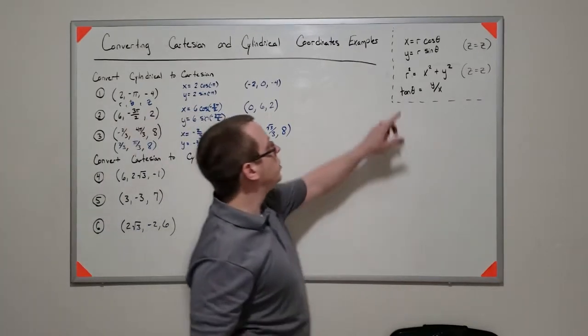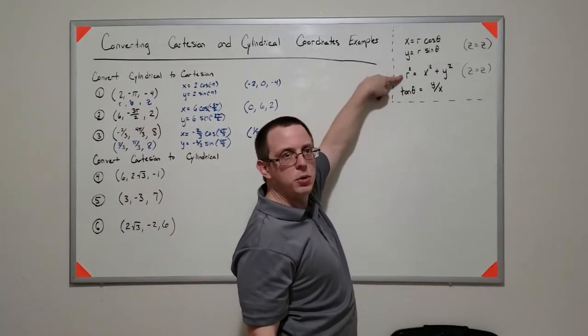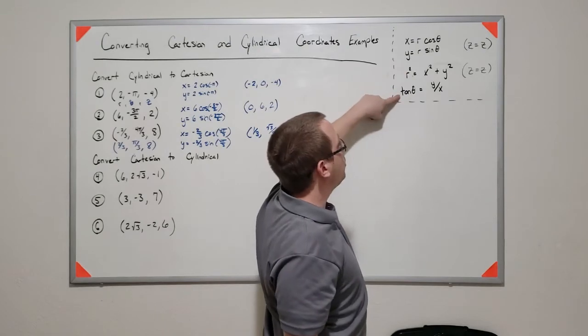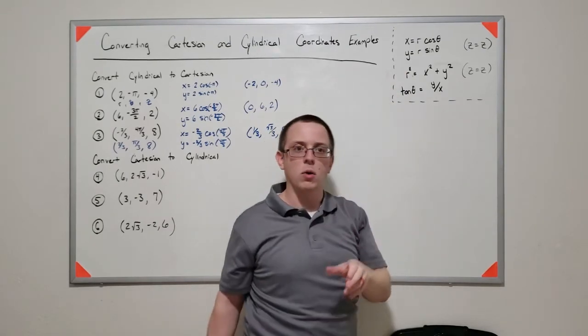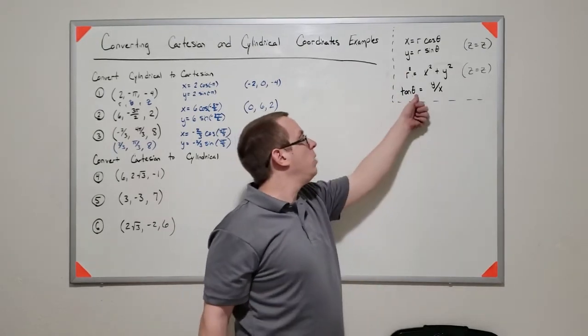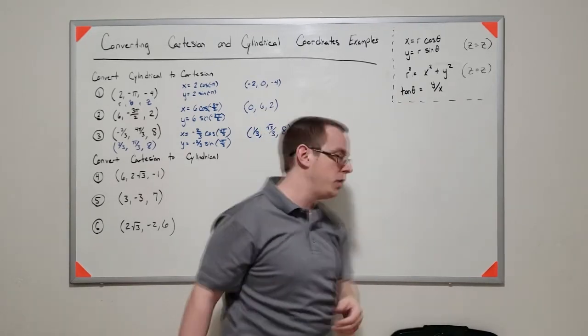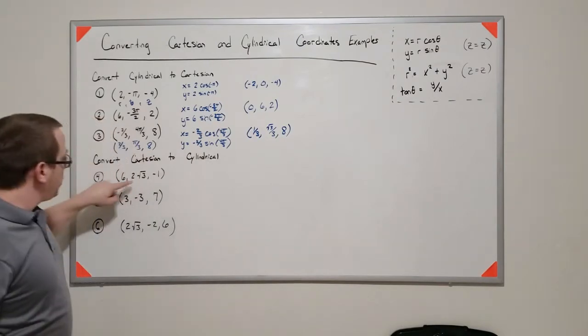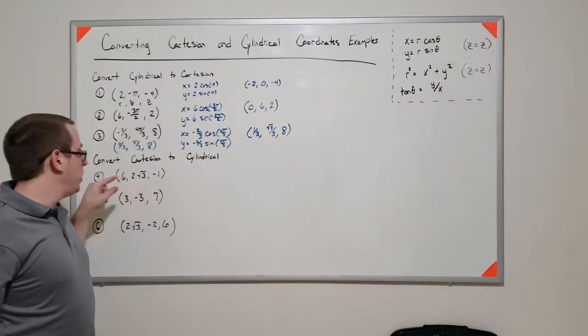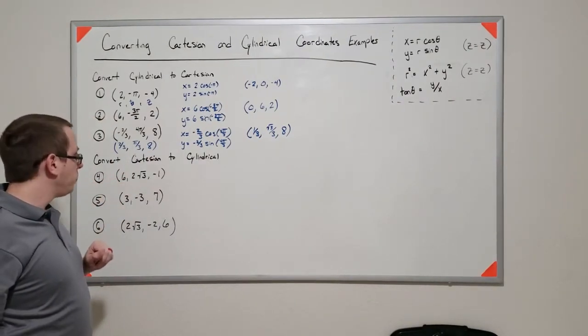And again, we're going to get the magnitude here, and then we're going to use this to get our angle. And then we can think about the angle that makes sense for this based upon what quadrant we find ourselves in. So in this particular case, we're in the first quadrant because x and y are positive.